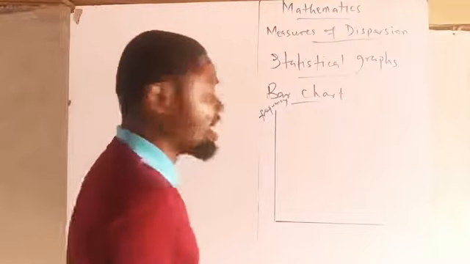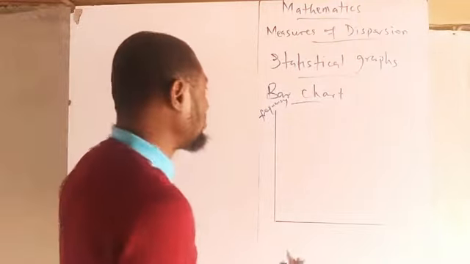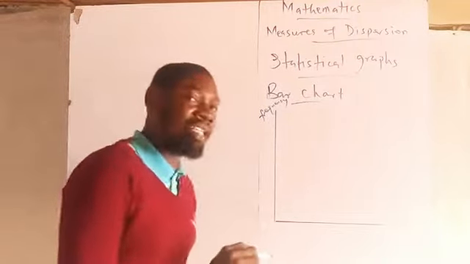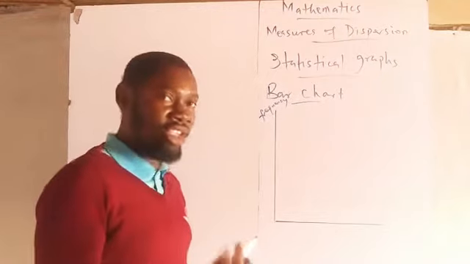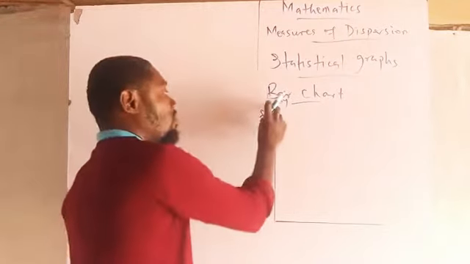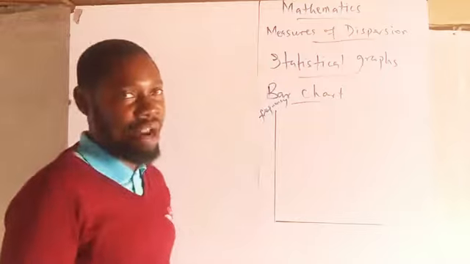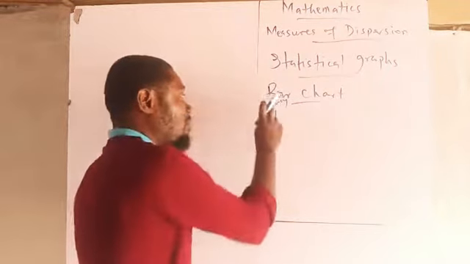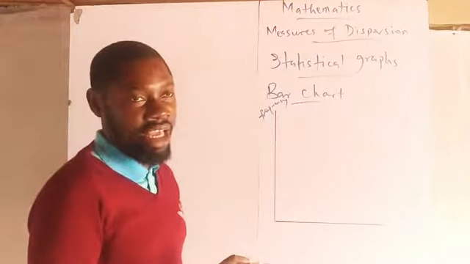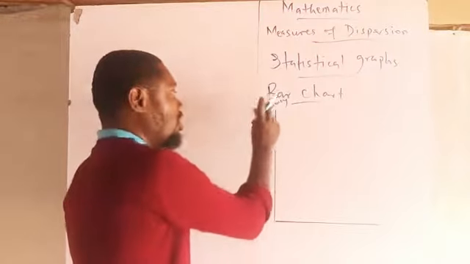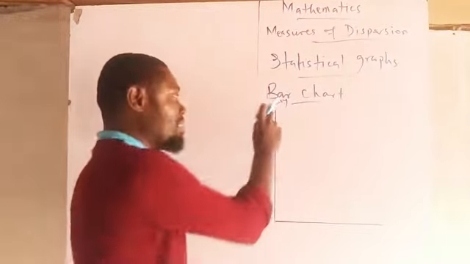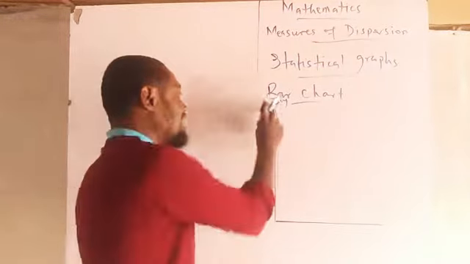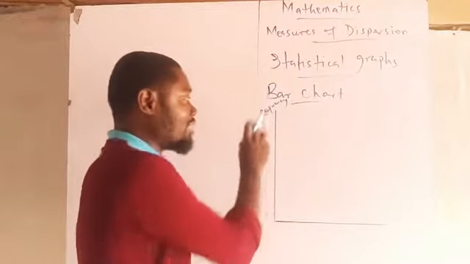If it is mathematics that you're dealing with, your quadratic graph or equation, always your y-axis is the dependent variable. It is also called the ordinate. For statistics, here is the frequency.